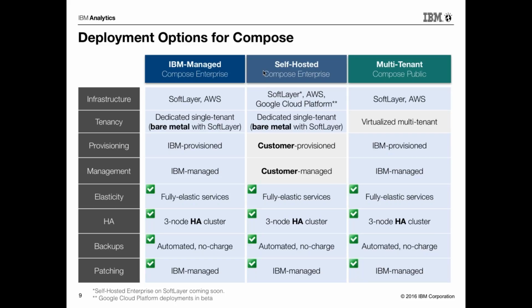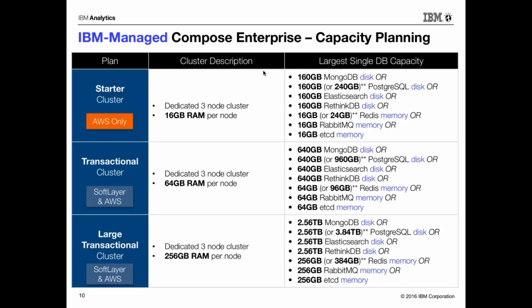Backups are automated and available at no charge, and all the patching, everything is IBM managed. This is going to take away a lot of headache which a system admin would have, or the resource requirement an organization would have for a system admin who is doing those backups, automated patching and all this stuff, and then monitoring the services and everything. So everything is taken care of by IBM.